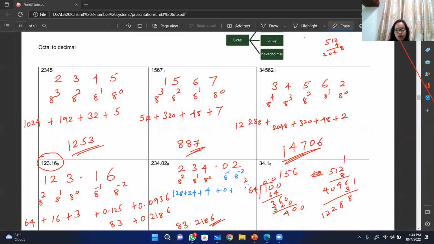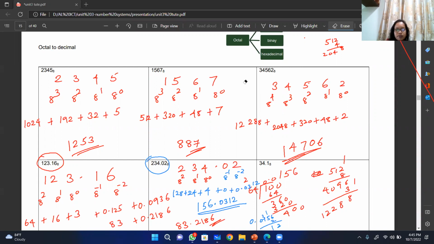Here 0, and 1 over 64 we got as 0.0156 into 2. 0.0312 there. Yes. Right. 156.0312. Yes, madam. Right. This is the answer for this one.